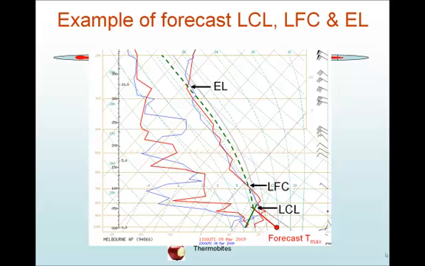And so forced lifting is required between the LCL and the LFC before parcels become positively buoyant and can ascend due to this positive buoyancy until they reach the equilibrium level. So in this case there will be stratus between about 4,000 feet or thereabouts and 10 or 11,000 feet, and convective cloud between about 10 or 11,000 feet and all the way to the equilibrium level at about 33,000 feet.